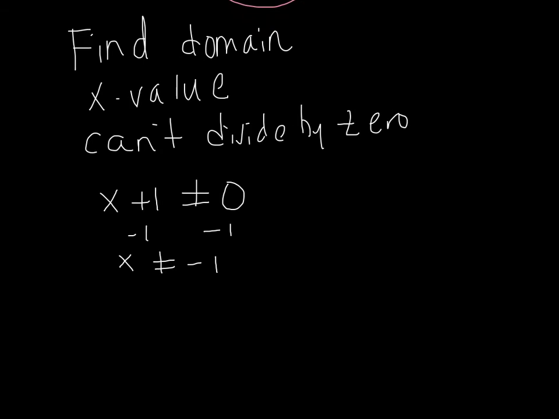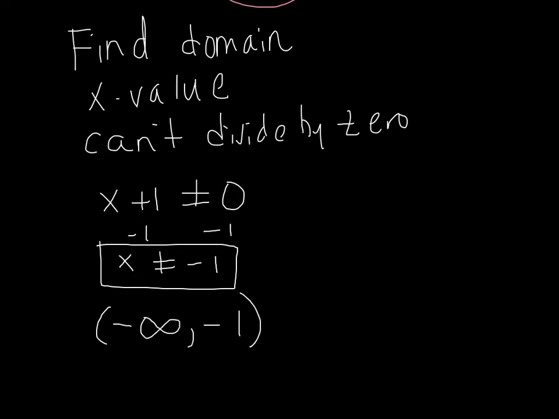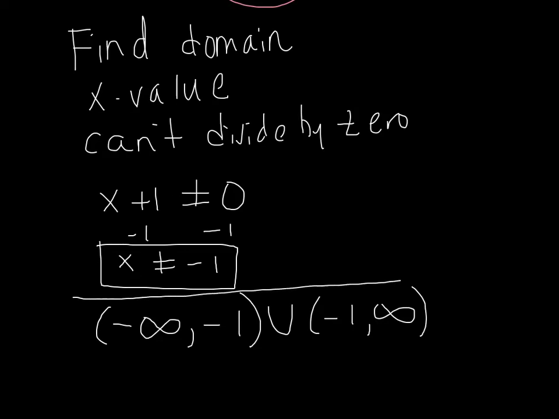You can either leave it like that, and it's sufficient to say what it cannot be, or you can change it to say what x can be. If it can be everything else, we'll write that in interval notation as follows. It can be -infinity all the way up to -1, and then we exclude -1 by using the open parentheses there, and then jump over it and pick it up again at -1 to infinity.